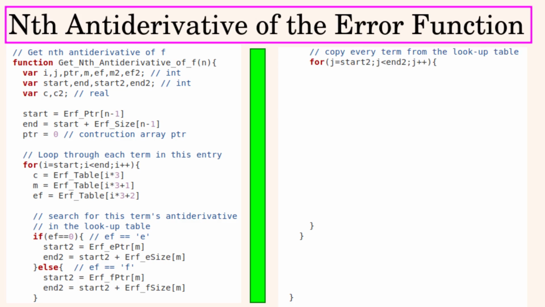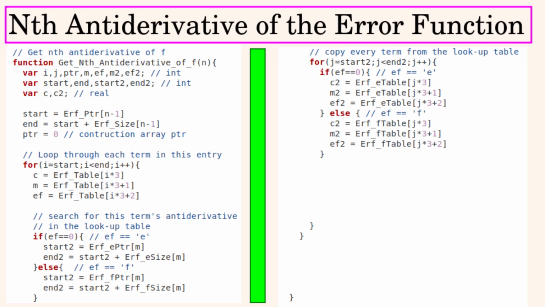So we'll copy every term at this location in the lookup table into the construction array. If it's in the e lookup table, we'll get these constants for it here. Otherwise, it will be in the f lookup table, and we'll get these constants for it here instead. We have to multiply these expressions by the constant found earlier.